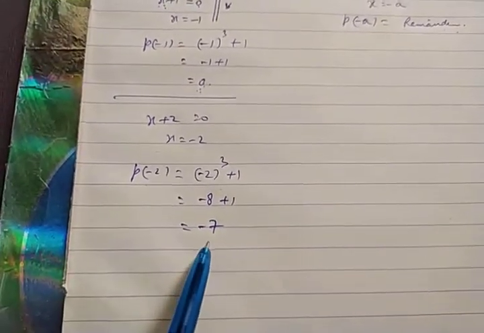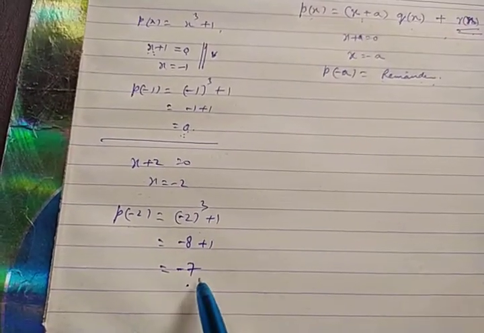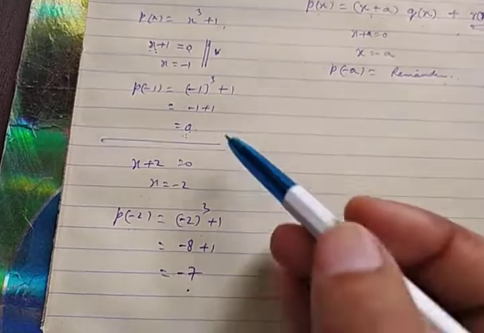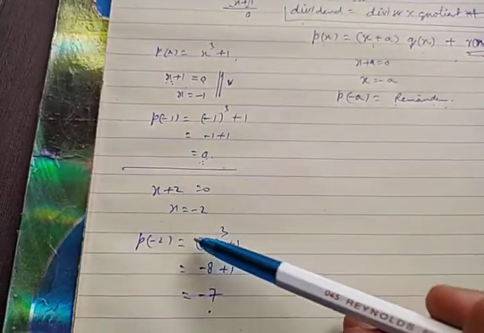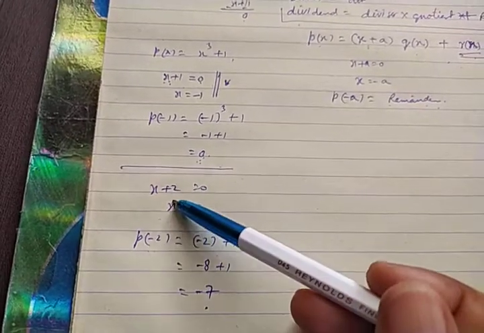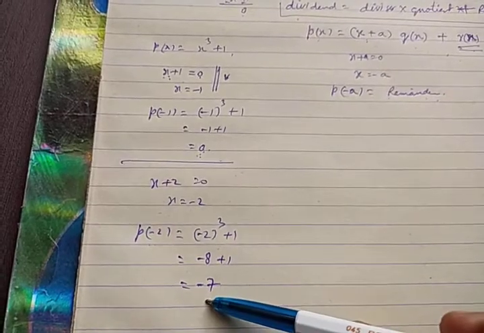In this case, the remainder is coming minus 7. That is not equal to 0. In this case, you will say x plus 1 is a factor of p(x), and x plus 2 is not a factor and the remainder is minus 7.